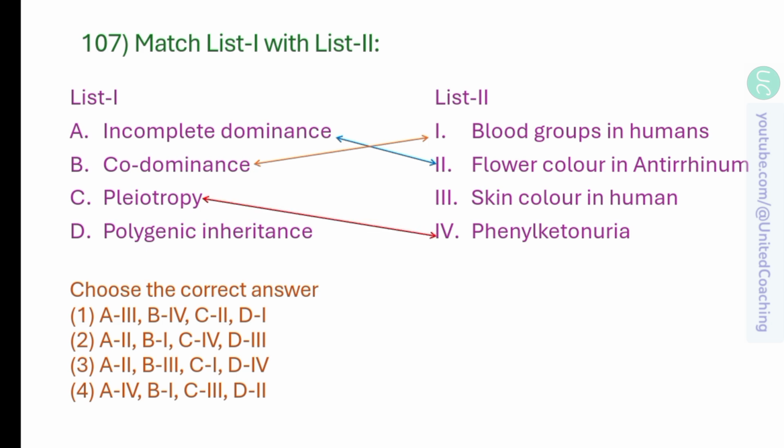Now, next is phenylketonuria, which is an example of pleiotropy, and pleiotropy is a genetic phenomenon where a single gene affects multiple traits that seem to be unrelated. And next one is skin color in humans, which shows polygenic inheritance. Polygenic inheritance refers to the inheritance of a trait governed by more than one gene. So hence the option number 2 is correct over here.